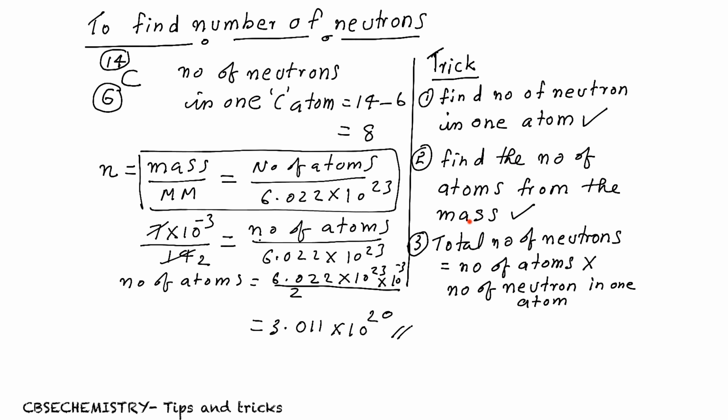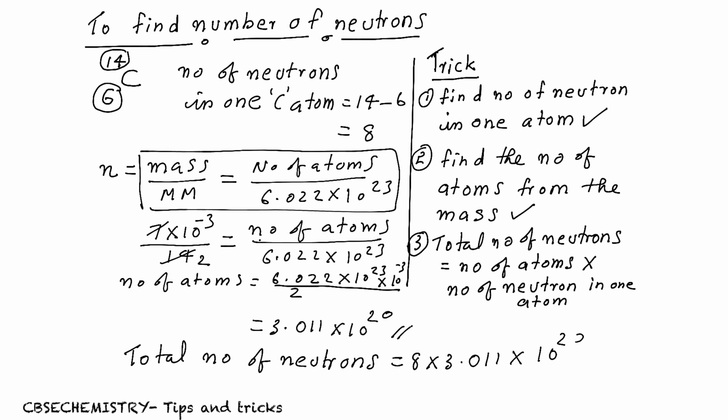So we got number of atoms. Also we get number of neutrons in one atom. What is that? 8. Now how to find total number of neutrons? Very easy. Number of atoms into number of neutrons in one atom. What is that? 8. On multiplying that, you will be getting total number of neutrons. So total number of neutrons is equal to 8 into 3.011 into 10 raised to 20.